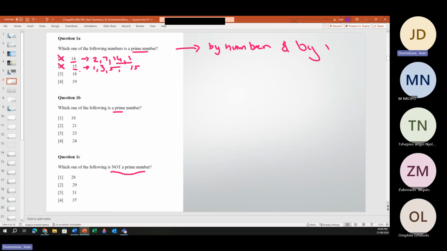Then we look at 18. I'm going to skip the 1, but 3 can go in there, 6 can go in there, 2 can also go in there, 9 can also go in there. So definitely not a prime number.